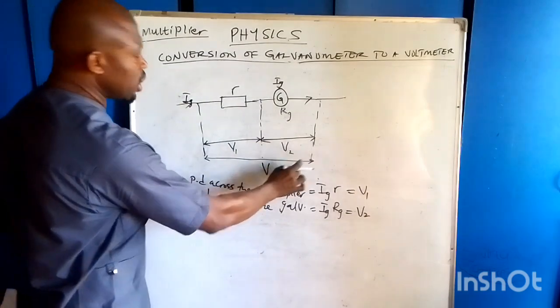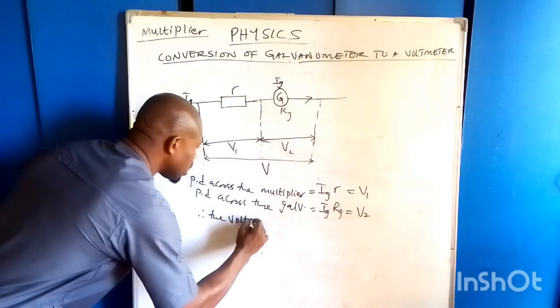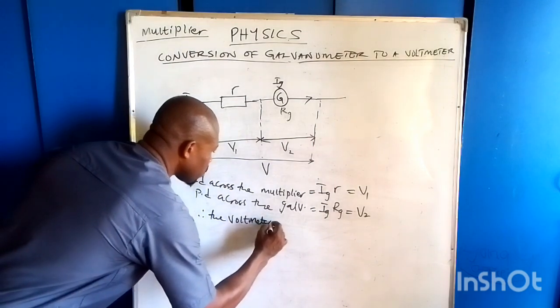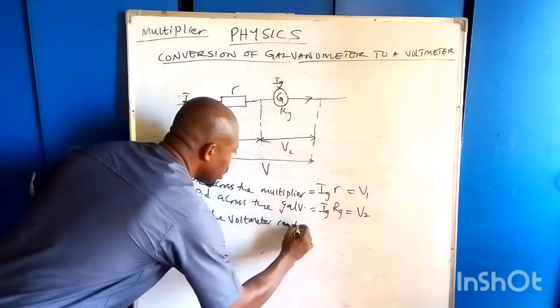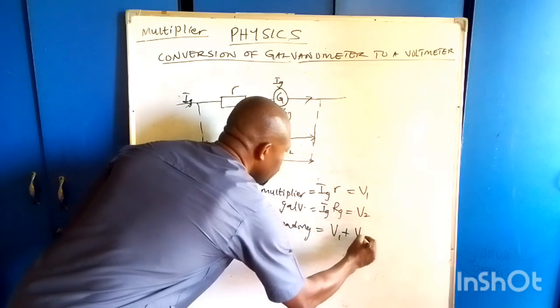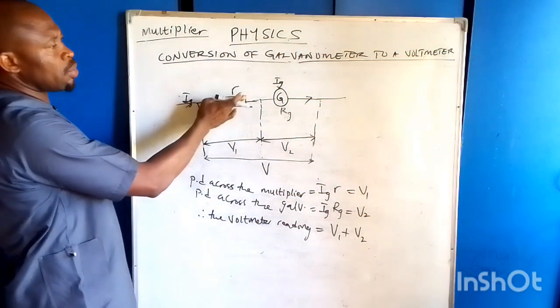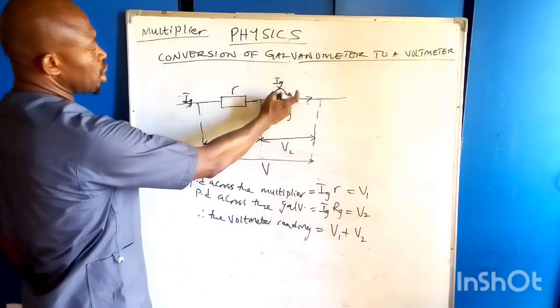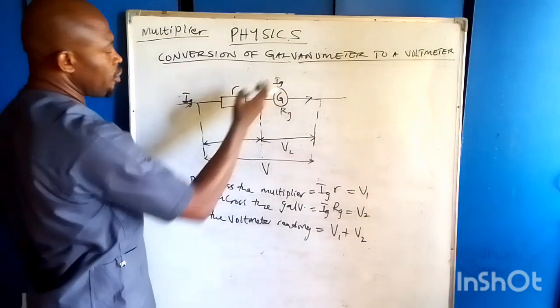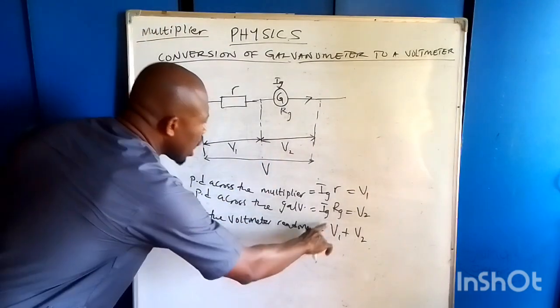Therefore, we can now have that the voltmeter reading is V1 plus V2. That is the potential difference across the multiplier and the potential difference across the galvanometer. In other words, if you add the two together, it will now give us V.